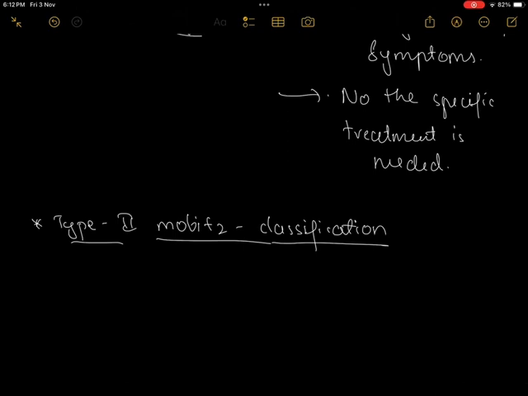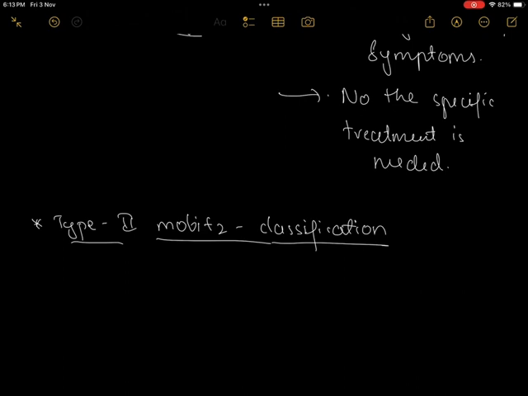As I have said, in type 1 Mobitz classification, usually the ratio is in the form of 4:1 or 3:1. There is only one dropping of a QRST complex in type 1, but if you take type 2 classification, the ratio may vary.